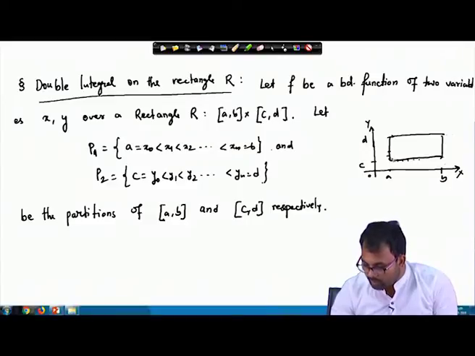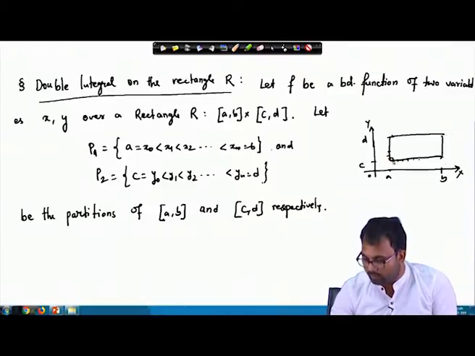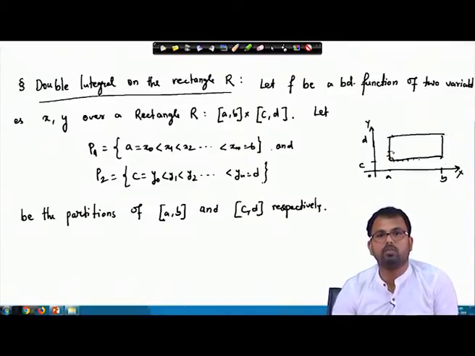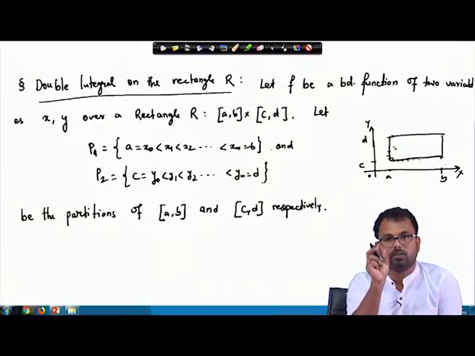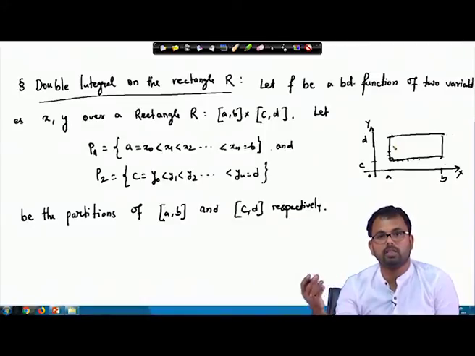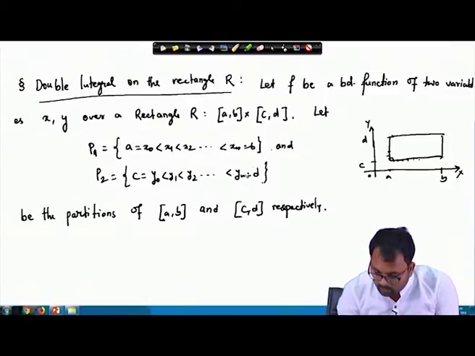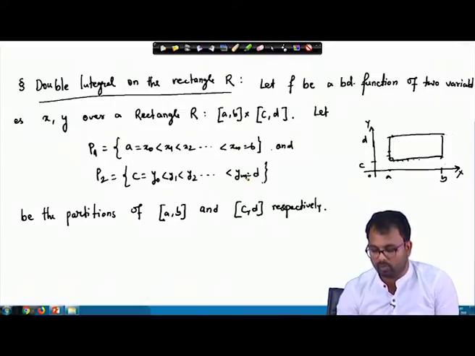Now, this x0 to x1 is a very tiny rectangle, but here x0 to x1 and y0 to y1 is one such tiny rectangle. Then we have x1 to x2 and y1 to y2 as another rectangle. So, in a way, we will keep a rectangle, otherwise it will be a square.